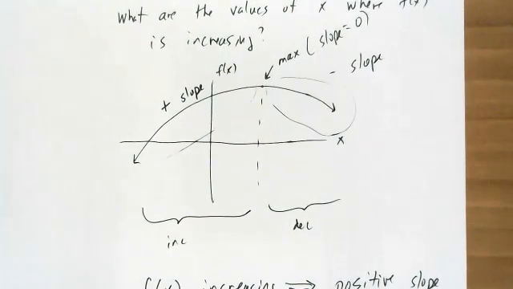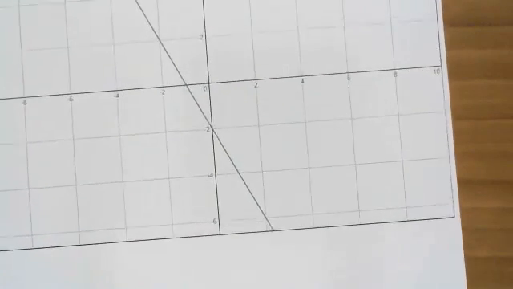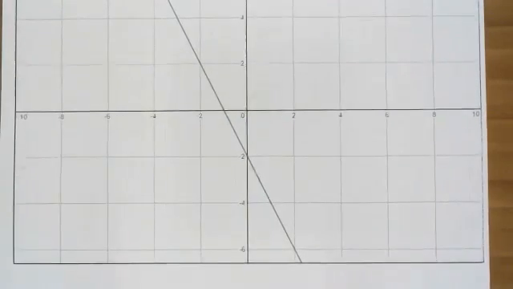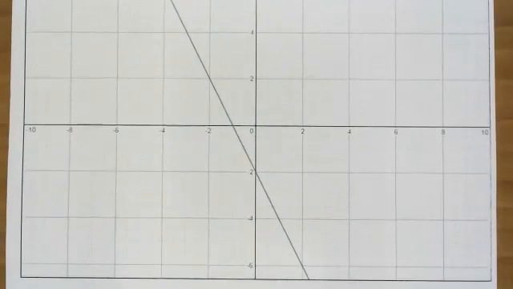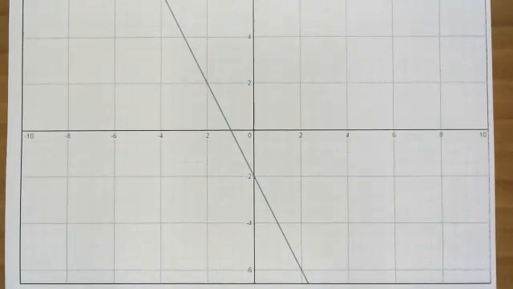So let's just do some more examples. Now, hopefully it's not too hard to figure out increasing, decreasing functions. And so here's one. I'll just take turns asking for either increasing or decreasing function or positive or negative slope.